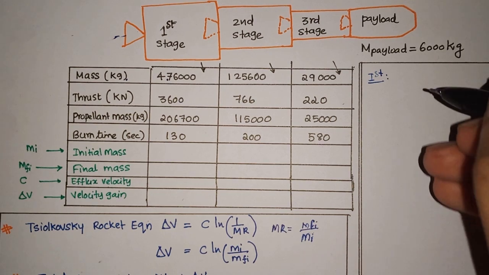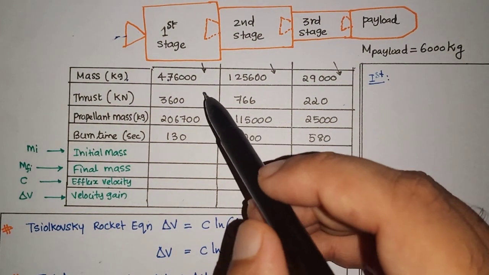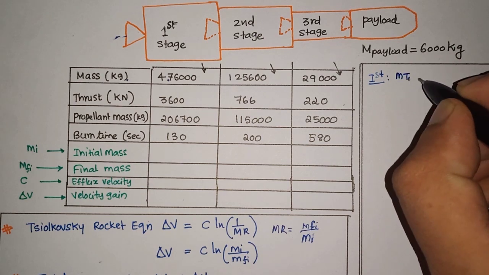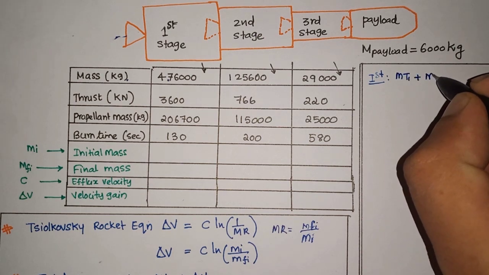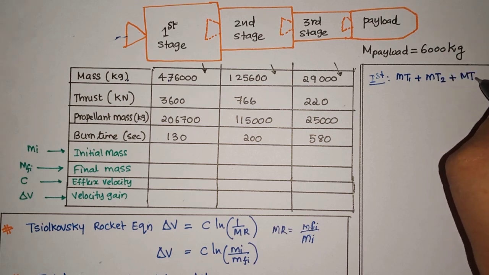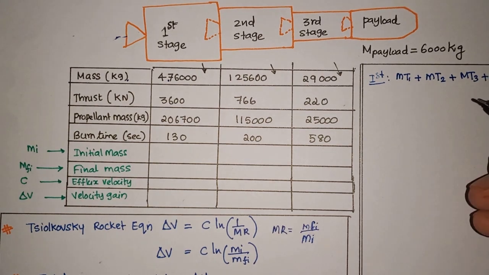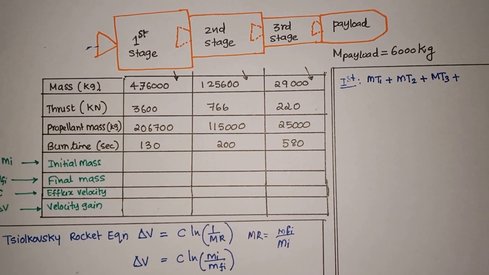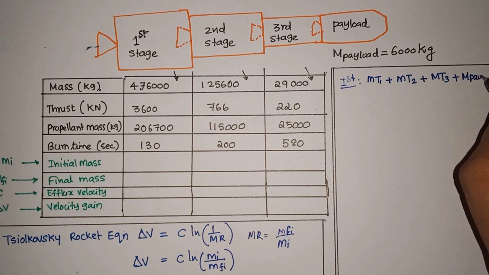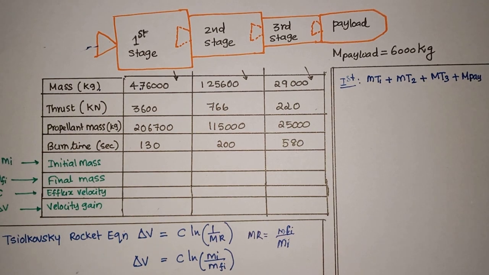The first stage is going to be the total mass, mt1 plus mt2, the total mass in the second stage plus the third stage, and finally the important one, that is called the mass of the payload.